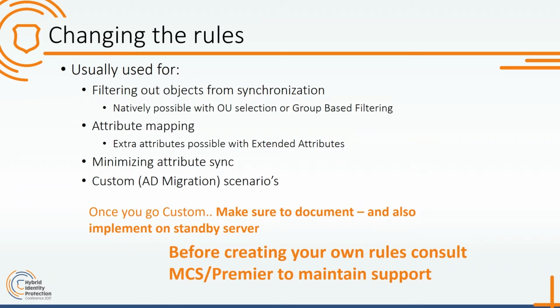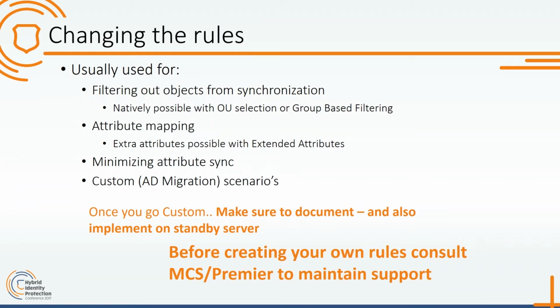You can just say, I just want these particular OUs to be synchronized. Or you do group-based filtering. You add all the users that are synchronized into a group, and then you leave out the group that you don't want synchronized, right? That's really intended for pilot deployments. And the UI actually specifically says that. But the OU selection works anyway.